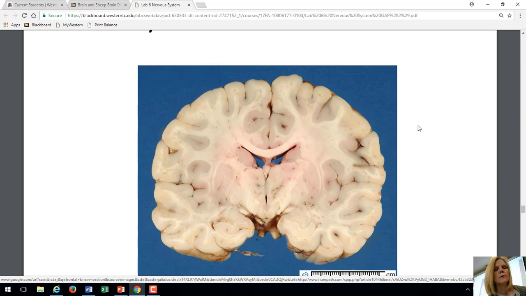So in this picture, this is probably somewhere near the middle because I'm picking up those two lateral ventricles here, right? So there's two lateral ventricles, those are those spaces, and what do we call this deep line here that divides the two halves? So we're looking at a frontal view, so I cut it this way.